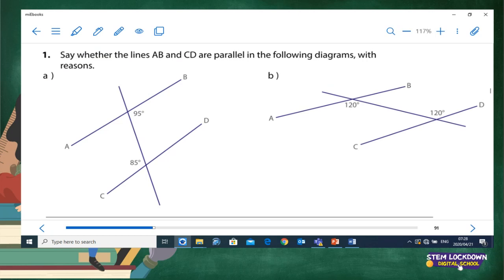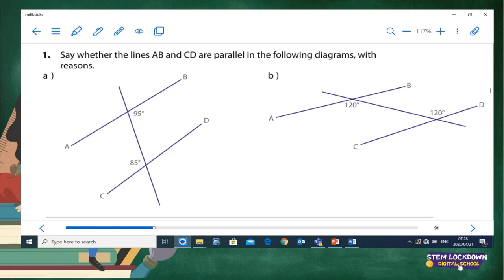Now let's go to 1B. In 1B, you can see we also have another set of alternate angles. How do we know those two are alternate angles? I'm talking about 120 degrees and 120 degrees. How do we know that these two angles are alternate? Because they form a Z shape. You can see the shape that they form there is the Z shape.